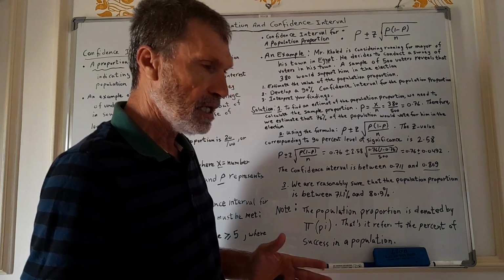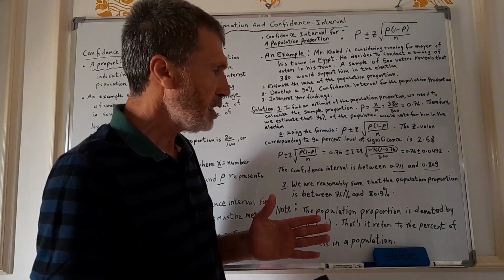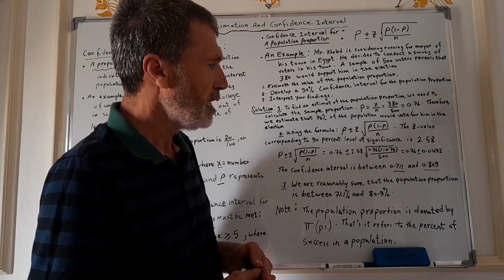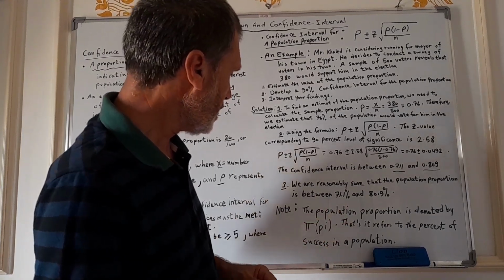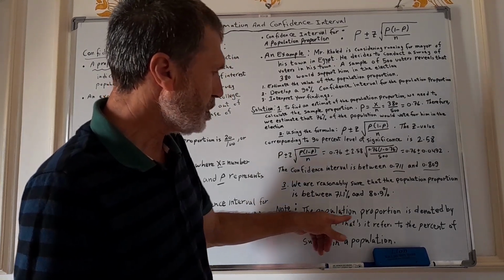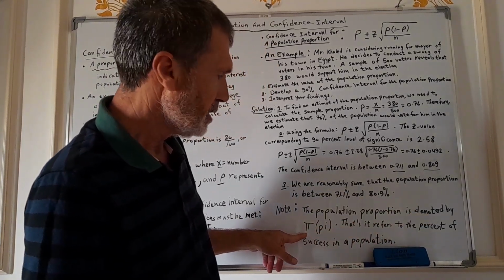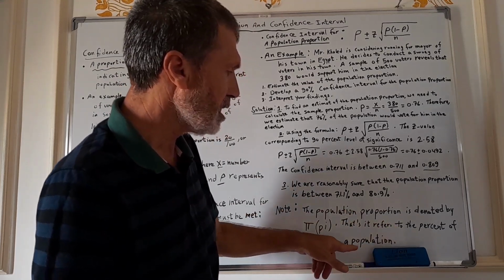So we are sure that the population proportion is between 71% and 80.9%. Just to note, the population proportion is denoted by pi. That is, it refers to the percent of success in a population.